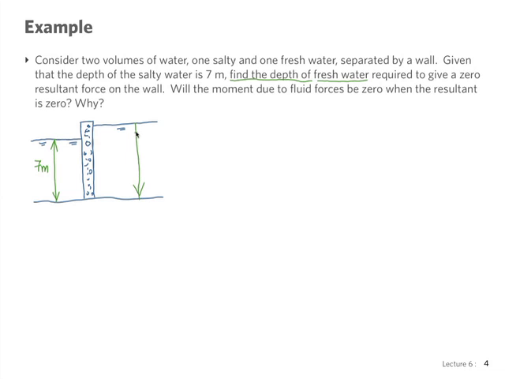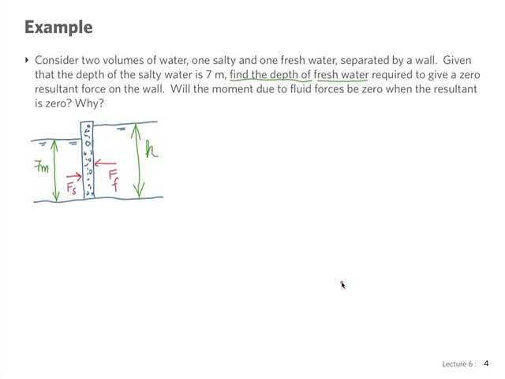So we don't know the depth of the fresh water. Let's call it H. But we want the forces to be equal on both sides of the wall. So we have some sort of force here due to the salt water. Let's call it Fs. And we have another force somewhere here, perhaps equal to a force of the fresh water. Let's use a little f here.